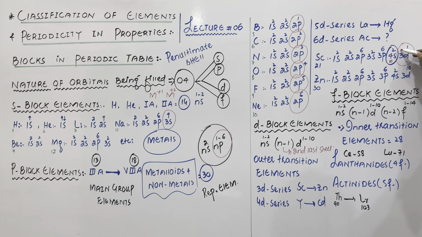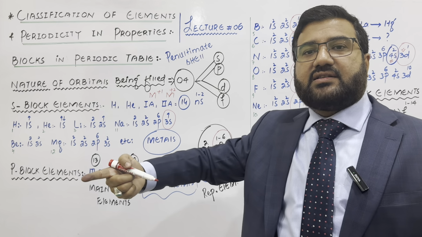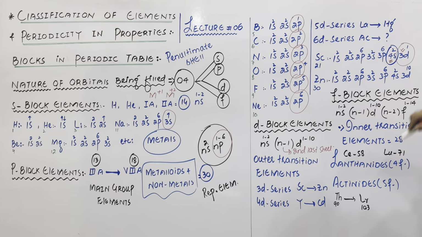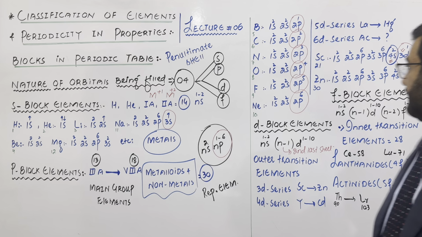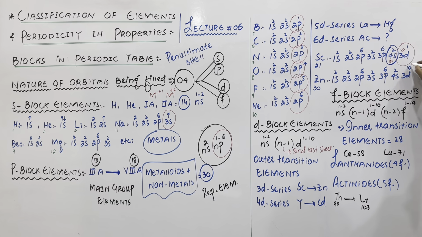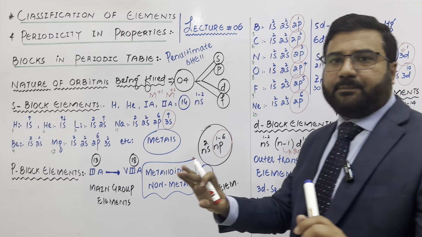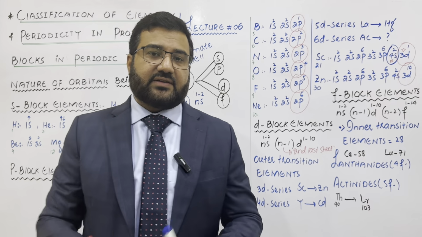So the d subshell of the third shell, if the fourth is the valence shell, then the third will be the penultimate or second last shell. So the d subshell of the second last shell is being filled with electrons, so that will be a d block element. But in the case of zinc, you can see that the d subshell of the third shell, which is the second last shell, is complete. It is not under the process of completion.